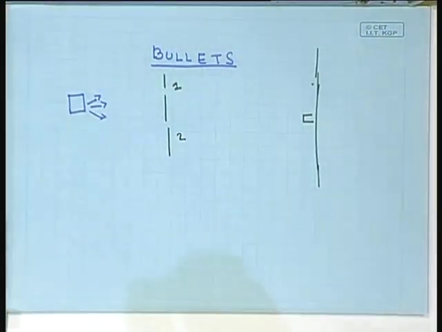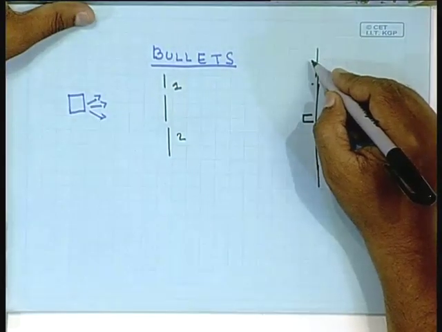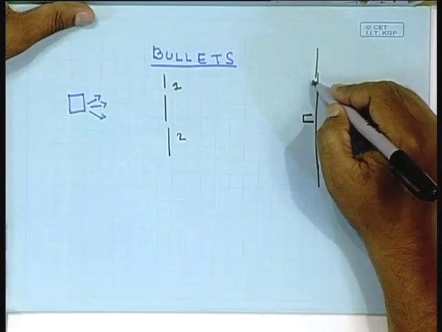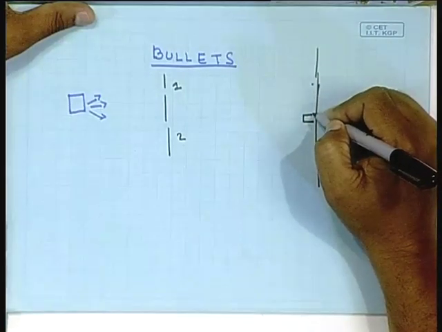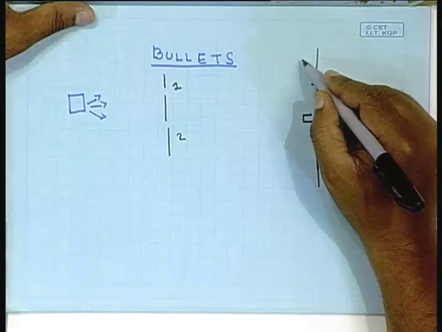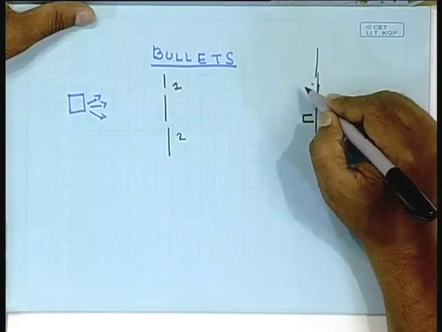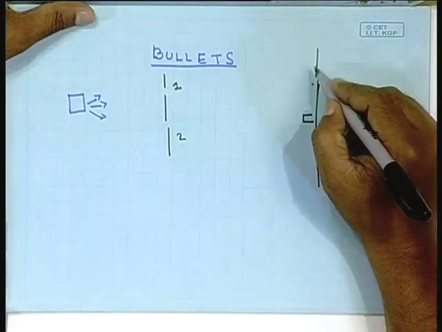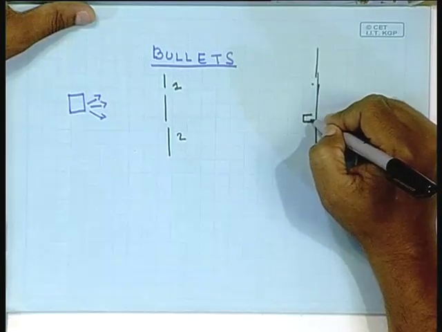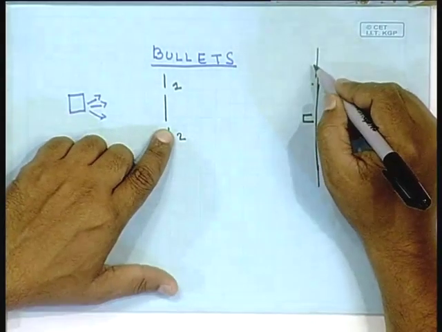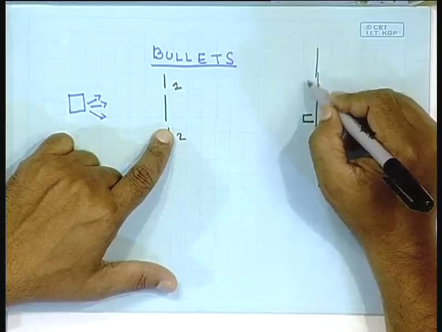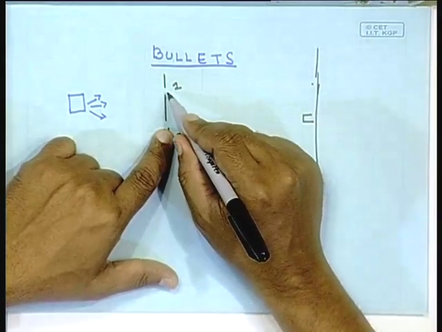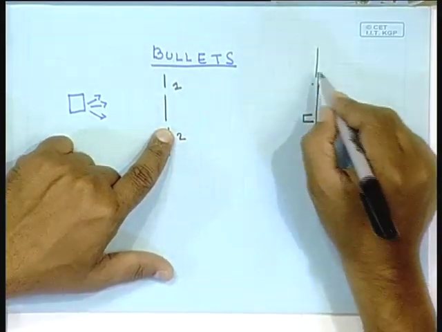And if you move the detector to different positions on this screen and record the counts at different points, you can by this process determine the probability of the bullet arriving at any particular point on the screen through slit 1. That is in the situation when only slit 1 is open.